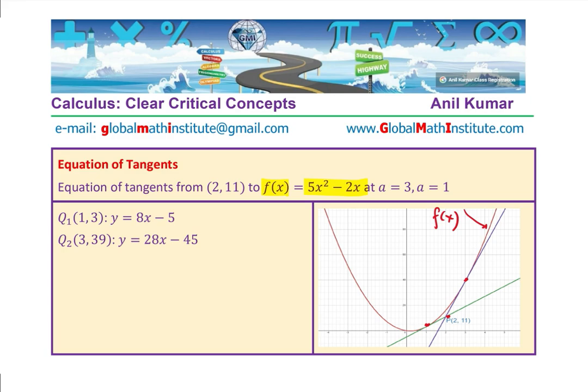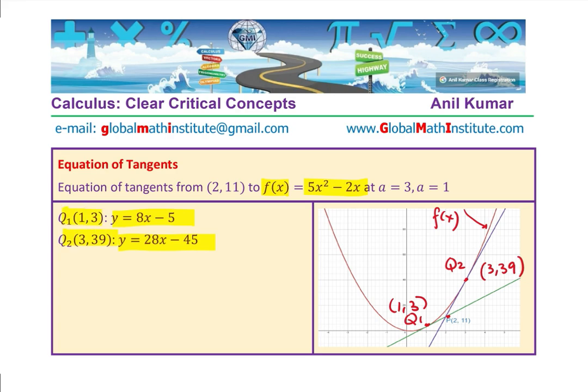So we have this point here, which is at 3, it is 39, and there at 1, we have 3, correct? And an external point. So the points are Q1 and Q2. Let's call this Q1, right? And this Q2. Clearly, you can see that the external point gives rise to 2 tangents. And we also found their equations, which were y equals 8x minus 5 and y equals 28x minus 45, going through these points on the curve.